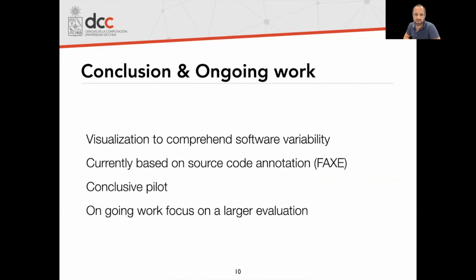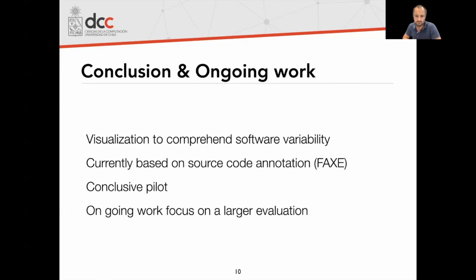This is ongoing work. FeatureVista is a visualization to comprehend software variability in the presence of features on a possibly large source code base. Currently it is based on source code annotation, and we use the FAXE annotation for this.